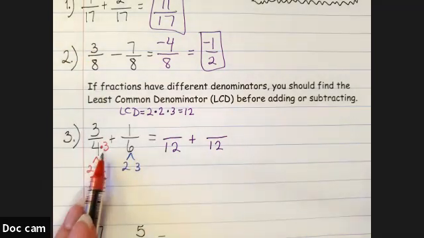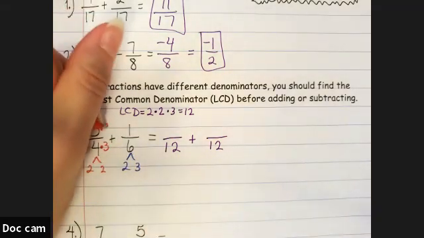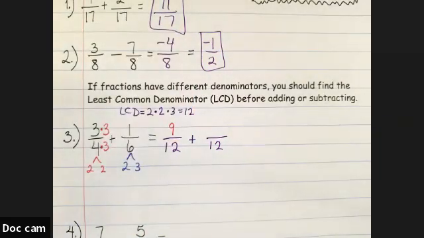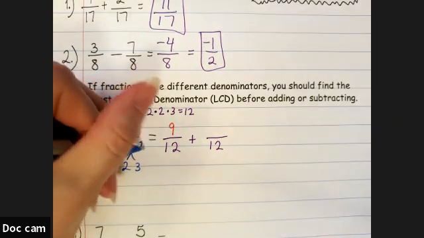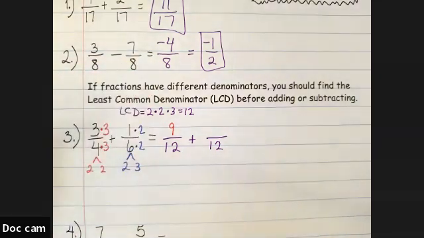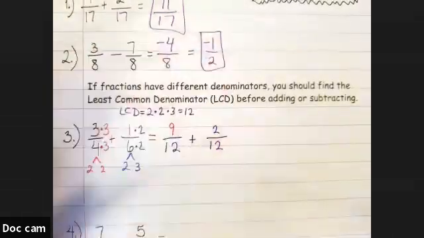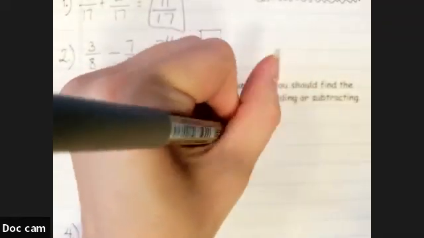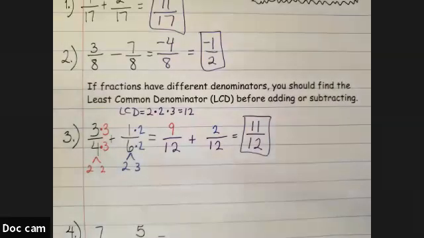So we also have to multiply that numerator times 3, which makes that 9 over 12. And then what do we have to multiply with 6 to equal 12? That would be 2. So we have to multiply the top and the bottom by 2. That gives us 2 over 12. So now we can add them together and our final answer is 11 over 12.